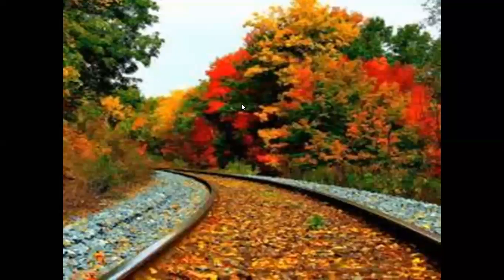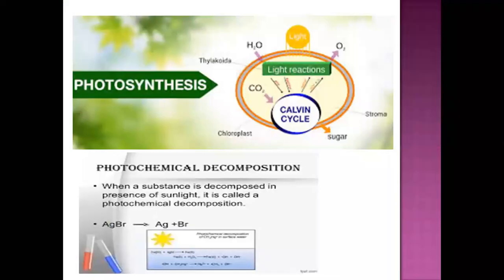Okay, in this way we have to understand photochemistry. Okay, now see here, the photosynthesis reaction. This reaction is given here. There's a chloroplast. Okay, this is the cycle here.